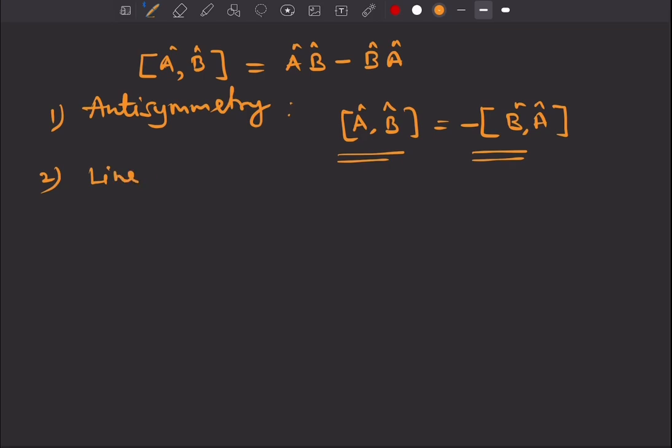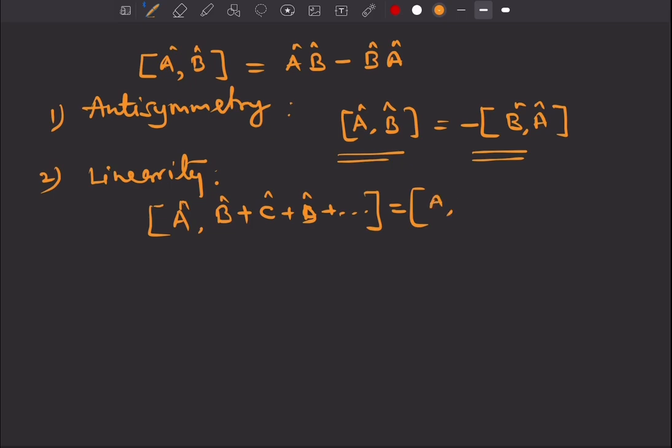Second property is linearity. They follow the principle of linearity, that is, the commutation relation of A with the summation of B, C, D, and so on is equal to the commutation of A with B plus the commutation of A with C plus the commutation of A with D, and so on.